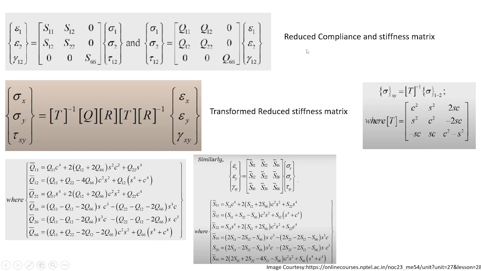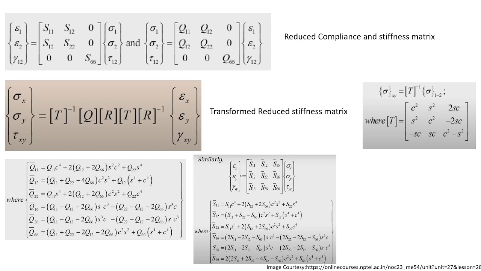Now the reduced compliance and stiffness matrix can further be transformed, and this transformed reduced matrix is used when we have to define the properties of a general orthotropic material in terms of the global axis.